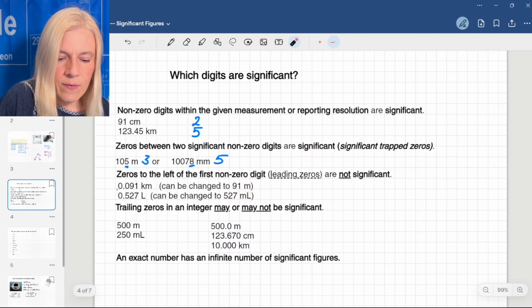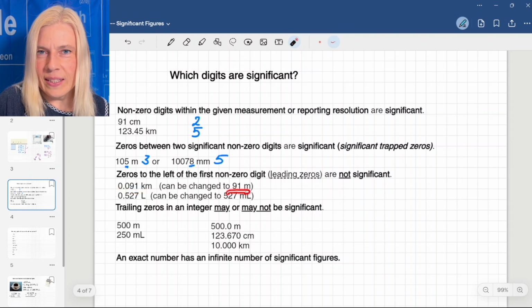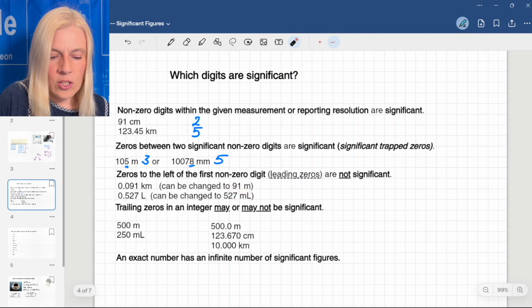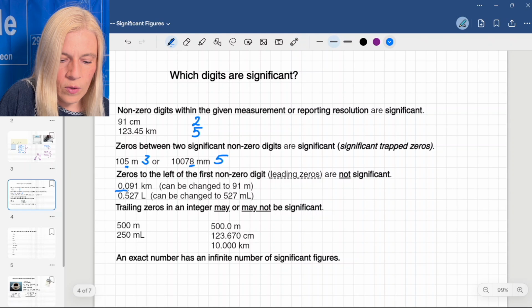So I cannot say that this is 4 sig figs and then change the unit and all of a sudden have 2 sig figs, right? This cannot be. So the first 2 zeros right here are not significant. They are placeholder zeros. So this number has 2 sig figs.